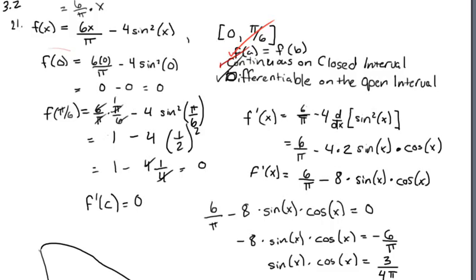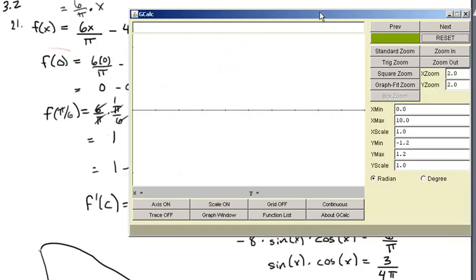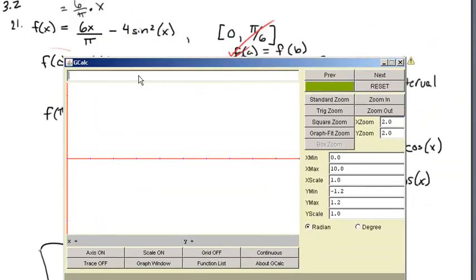So we plot our original function, f, as 6 times x divided by pi, and we'll use just a decimal approximation for pi, 3.14159265359-ish.